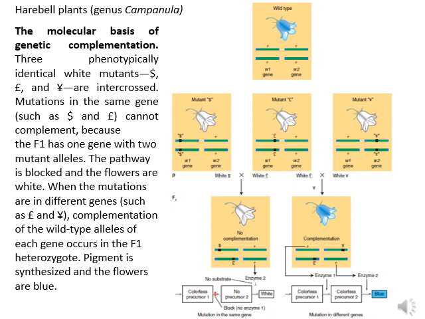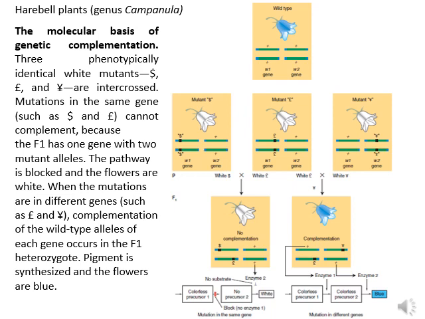So I think with this example, it will be very clear: when two mutations are present on two different genes which are involved in the same pathway, they can still complement each other and yield a wild type phenotype. But if they were present on the same gene, then they cannot complement each other and they cannot yield a wild type phenotype.